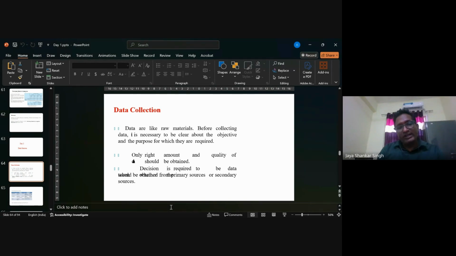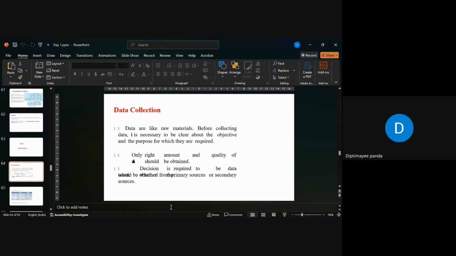Why do we call data raw? Anyone? Are all data raw? Means, sir, it has not been analyzed or processed. We have to analyze it as per the objective that we have taken.